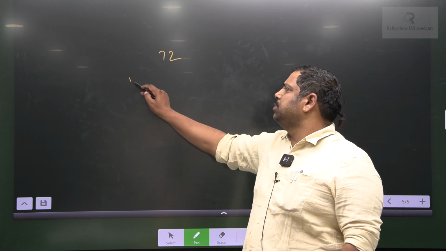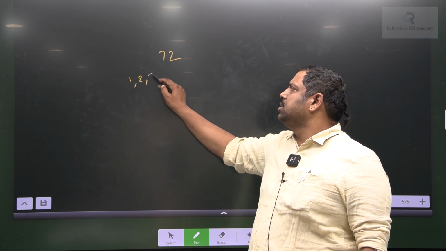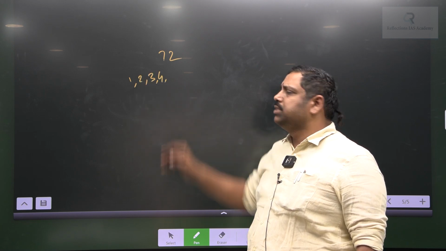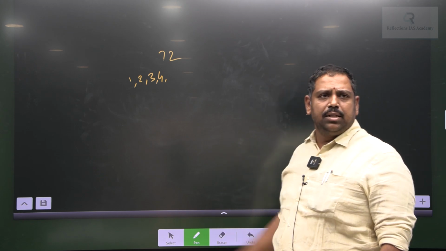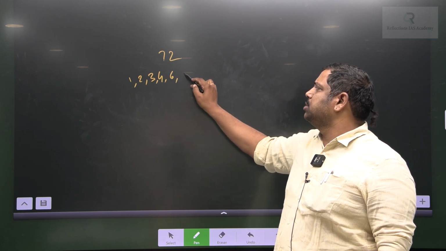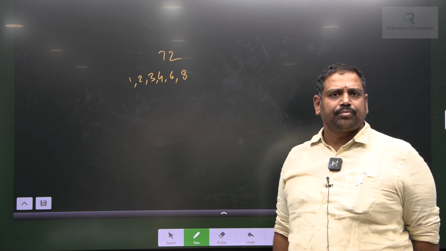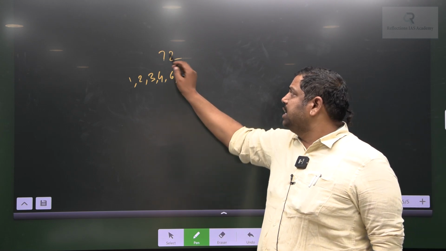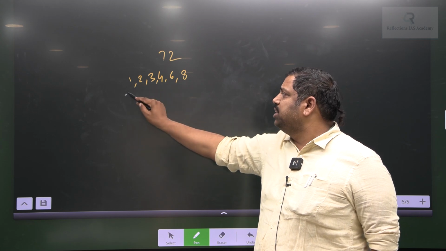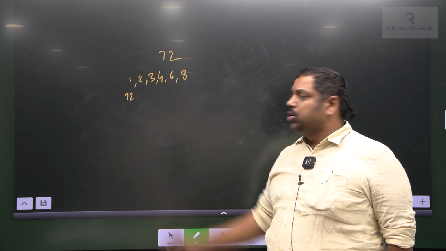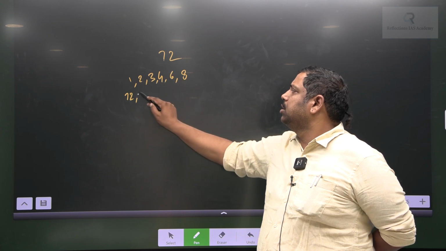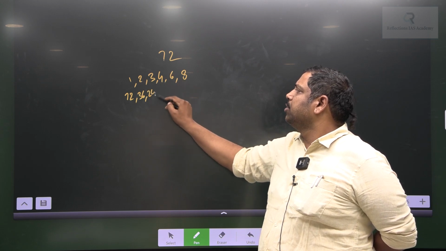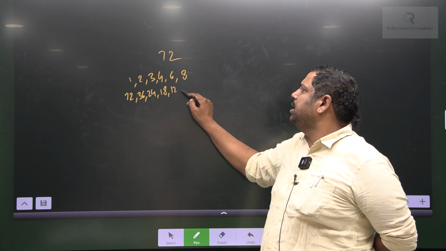1 is divisible, 2 is divisible, 3 is divisible, 4 is divisible, 5 is not divisible, 6 is divisible, 7 not divisible, 8 is divisible. That's it. Then, if you want to get 72, 1 should be multiplied with 72, 2 with 36, 3 with 24, 4 with 18, 6 with 12, 8 with 9.